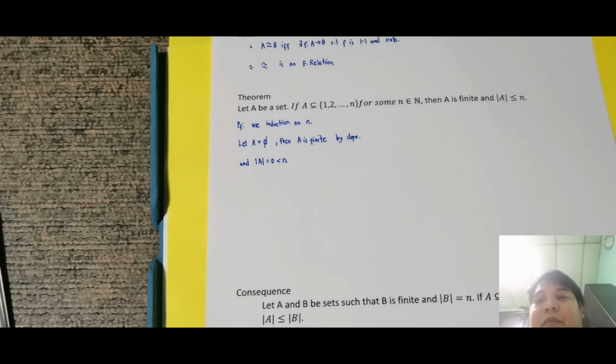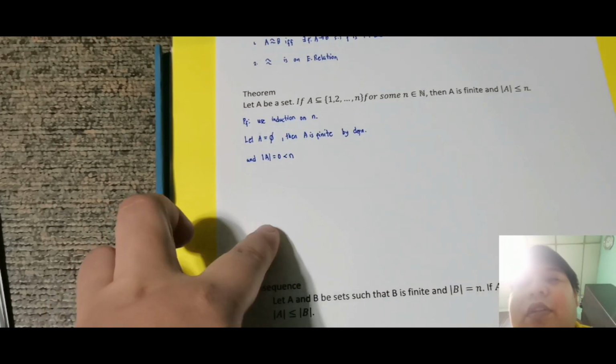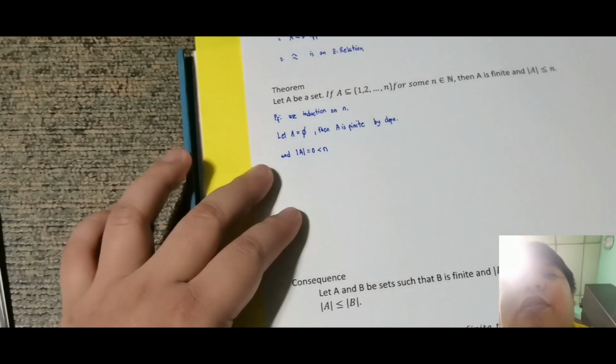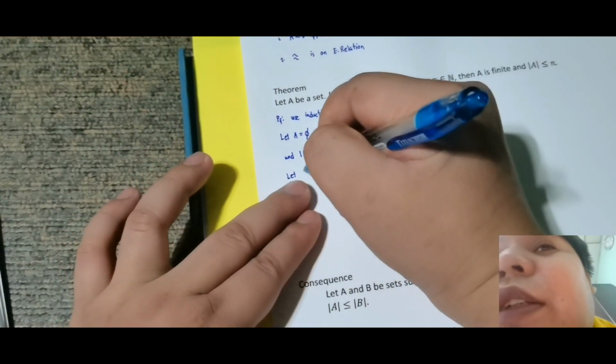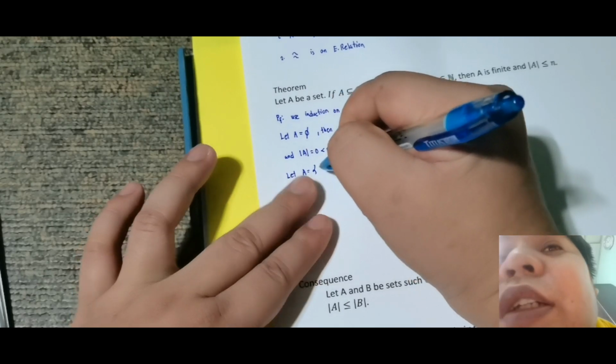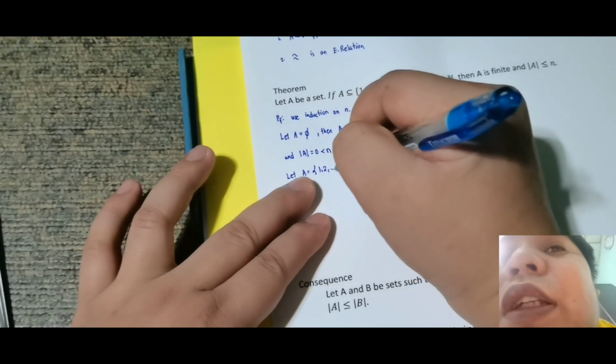For n is equal to 0. Okay, so ulitin ko lang, if A is empty set, anong cardinality of A? 0. So that is less than n. So meaning, if A is equal to ganito, ngayon ito na yung sunod, let A be equal to the set containing 1, 2, 3, up to n.